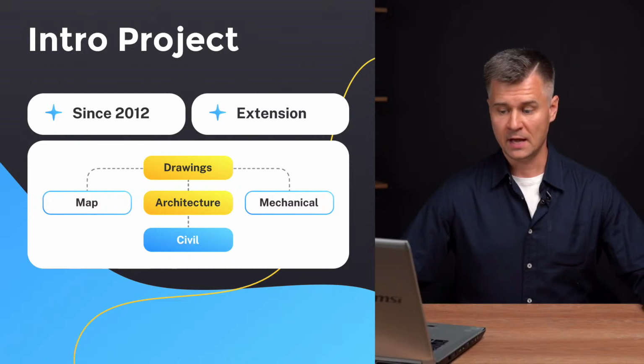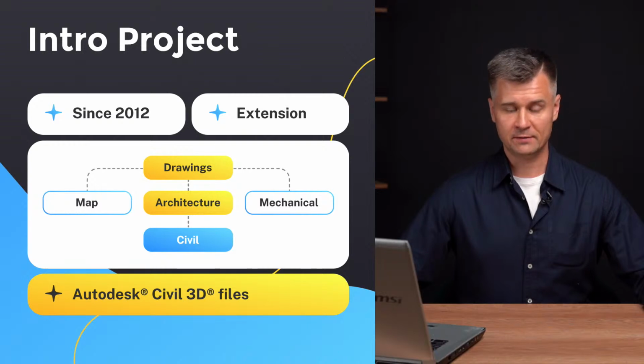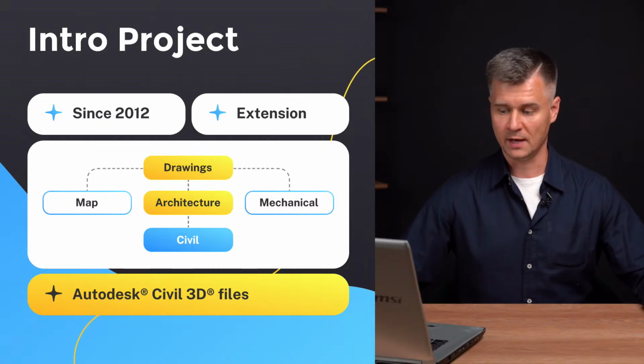This SDK allows us to process Autodesk Civil 3D files in a standalone manner, with no additional software installed; only the ones from ODA are enough.